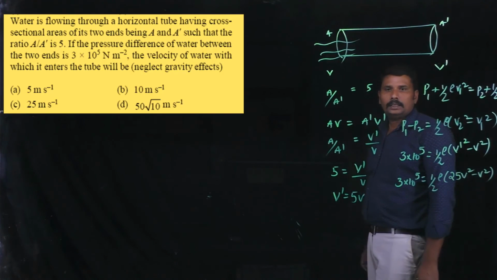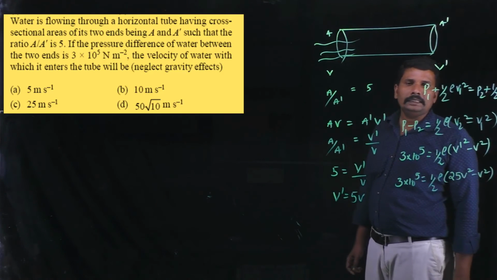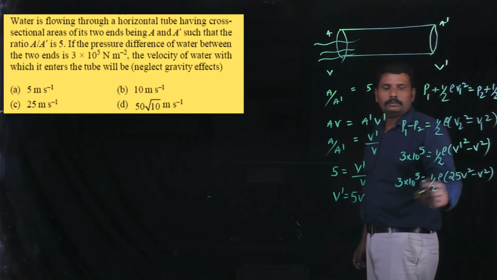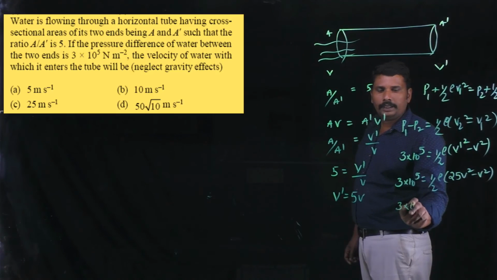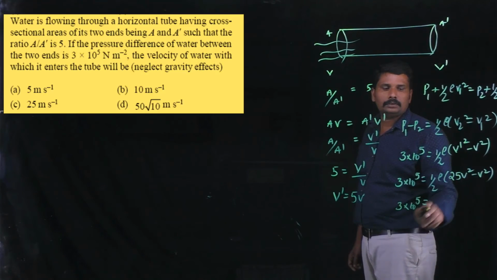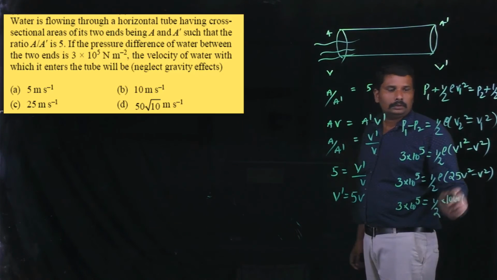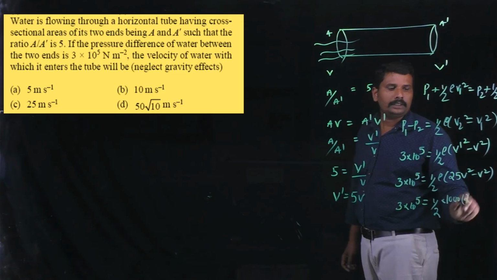And the density of the water is 10 cube. By substituting, 3 into 10 power 5 equals 1 by 2 into 1000 into 25V square minus V square, which is 24V square.